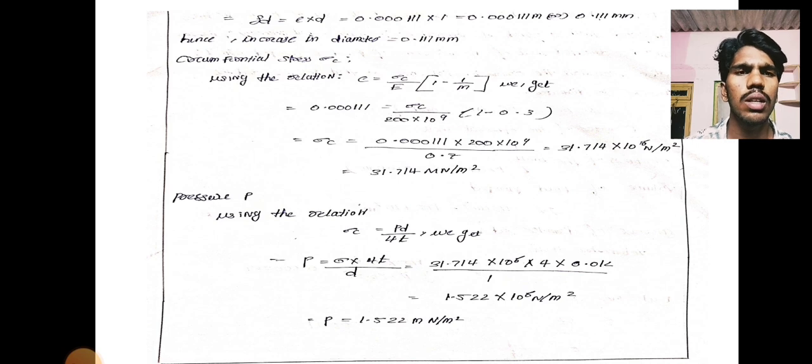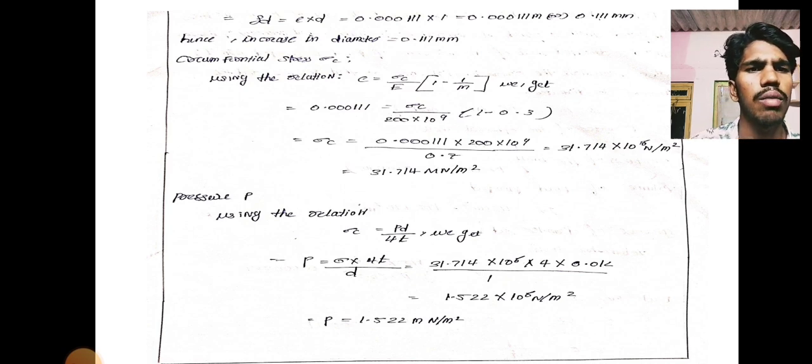Taking P to this side, P equals sigma C into 4t by D. So sigma C, the circumferential stress, is 31.314 into 4 into the thickness 0.012 divided by D, which is 1.